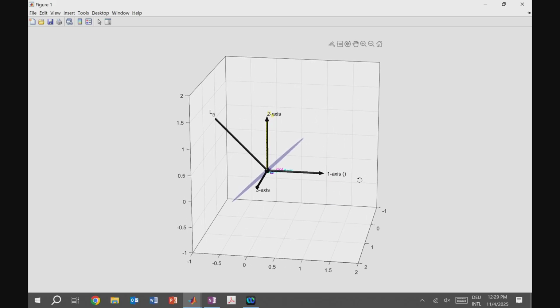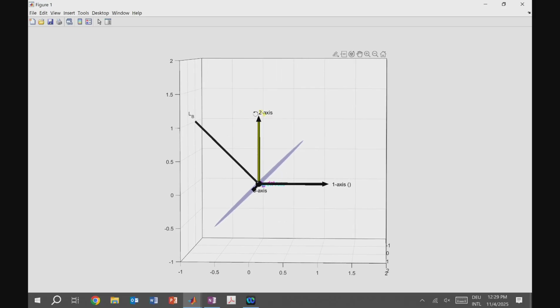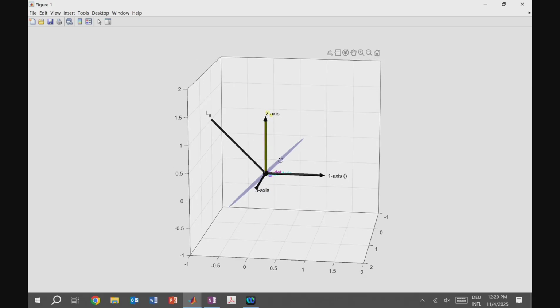This is my setup. My initial angular velocity is about the 2-axis. My initial angular momentum vector points to here. Here would be point mass 1, point mass 2, and then I added a little bit. And then in black is the coordinate system that is attached to this body.